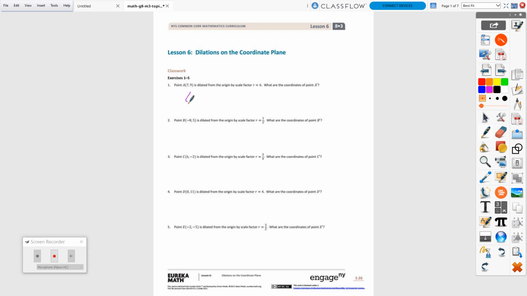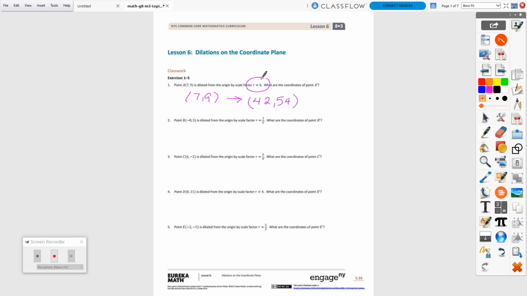Well, if we have (7, 9) and the factor is 6, we're going to get 6 times larger. So our x is 6 times larger, our y is 6 times larger. So this changes to (42, 54), ordered pair, and we're done.